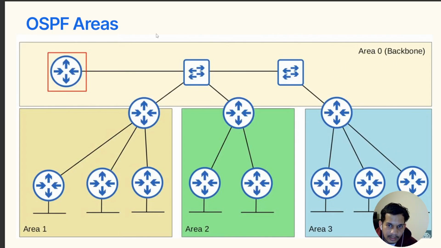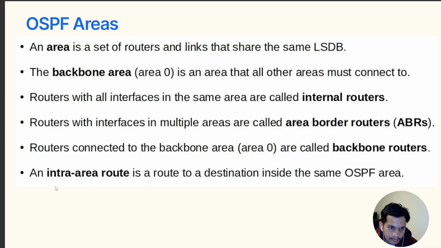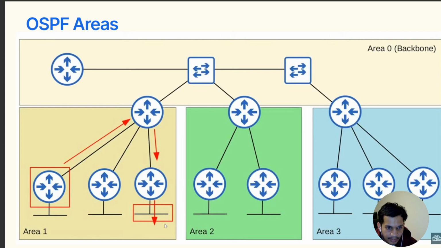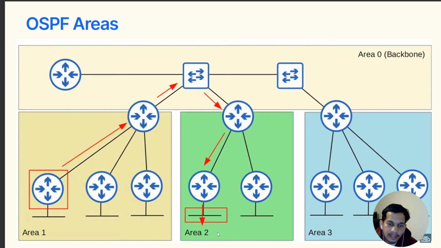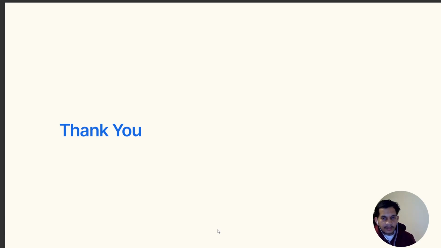So whatever routers are in area 0 are called backbone routers. An intra-area route is the route to a destination inside the same OSPF area. Over here you can see inside the area, and an inter-area route is a route between 2 OSPF areas.